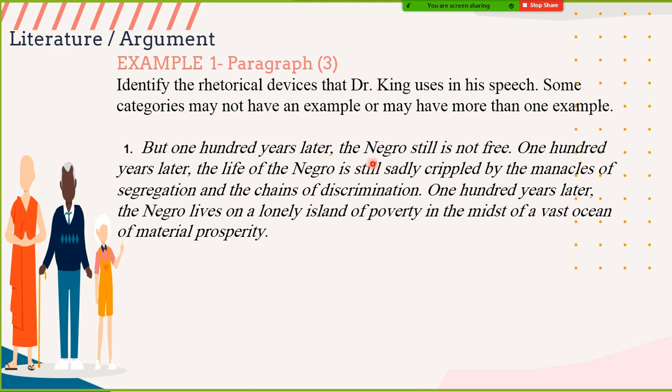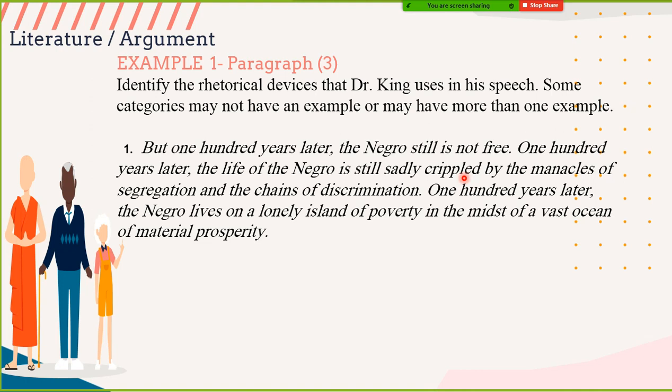What's meant by Negro? Negro is the word used to refer to the black people. So he said 100 years later, the Negro still is not free. They didn't get their freedom. 100 years later, the life of the Negro is still sadly crippled. Crippled means unable.